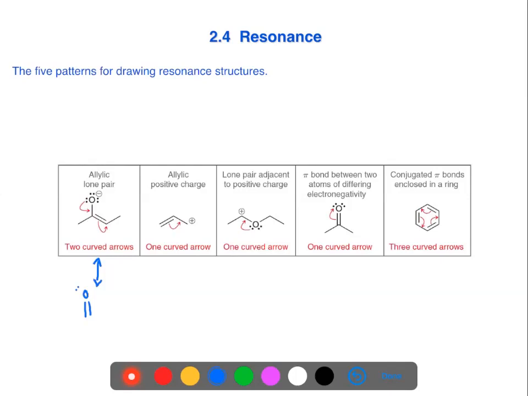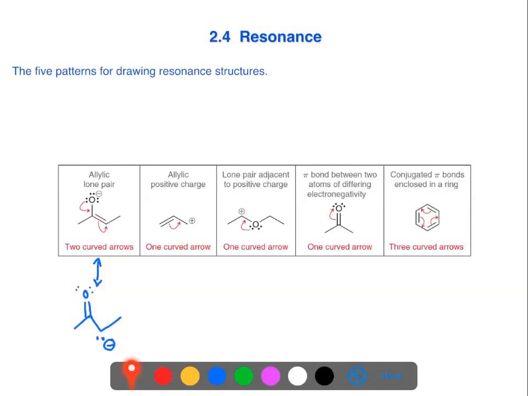And I'll include the lone pairs just so that we can keep track of it for our discussion. And so what happens here is we have the migration of one of these lone pairs on oxygen. It will become a new pi bond between the oxygen and the carbon, and that's shown here.